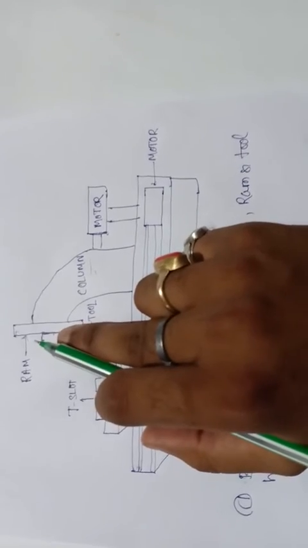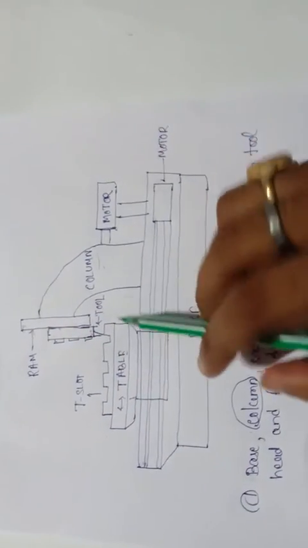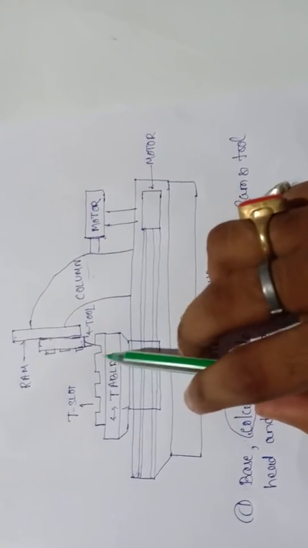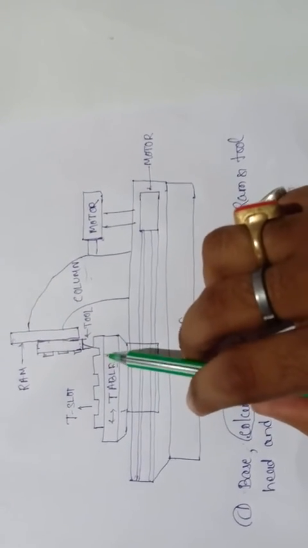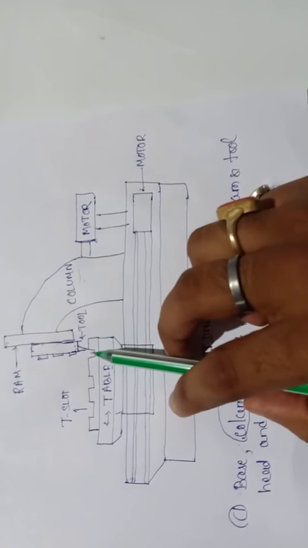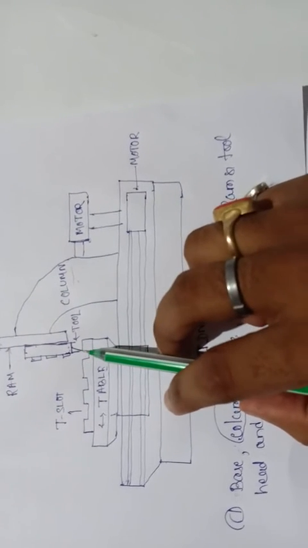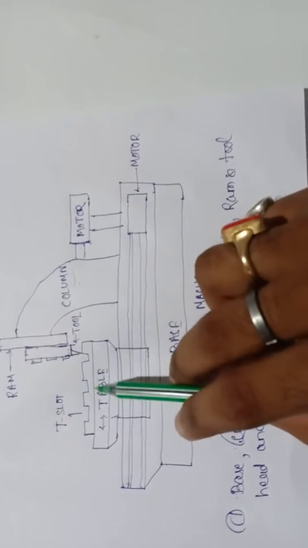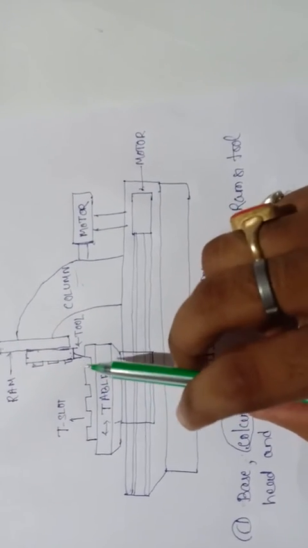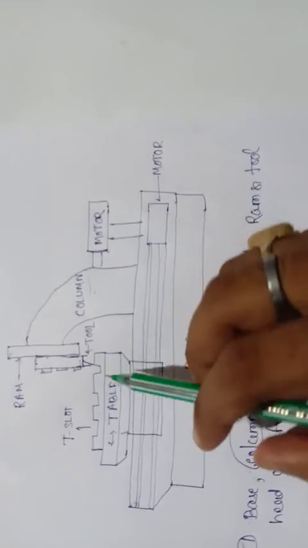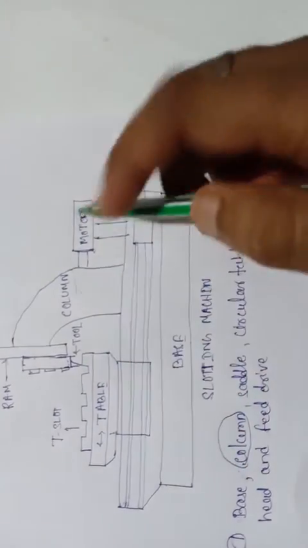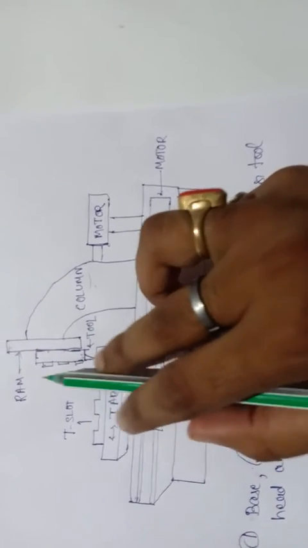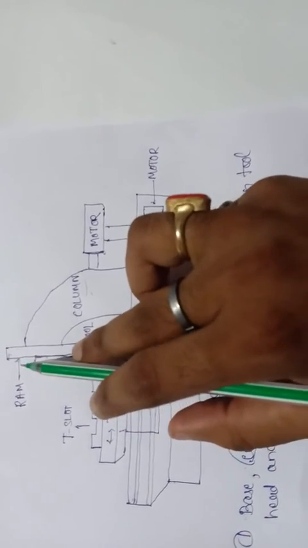We attach the workpiece to the work table, and manually we bring the ram near the workpiece and clamp it according to the ram adjustment. Now we supply the power and the crank rotates, and the crank is connected to the ram, so the ram moves up and down.